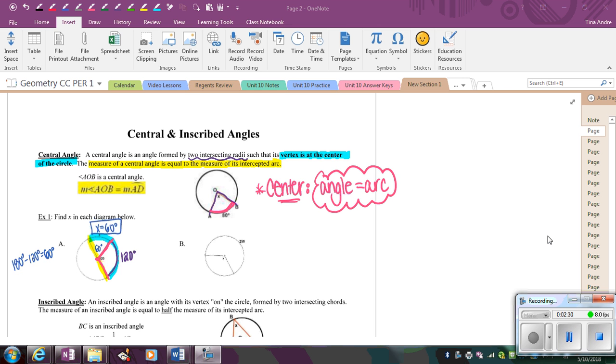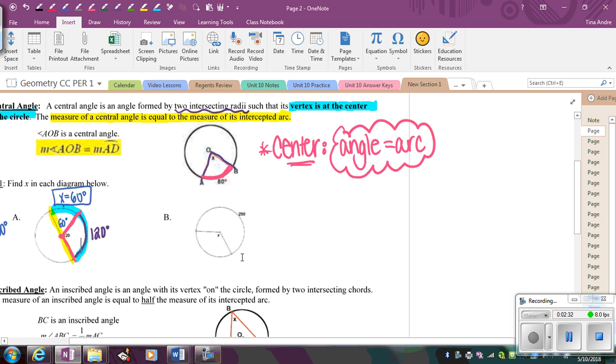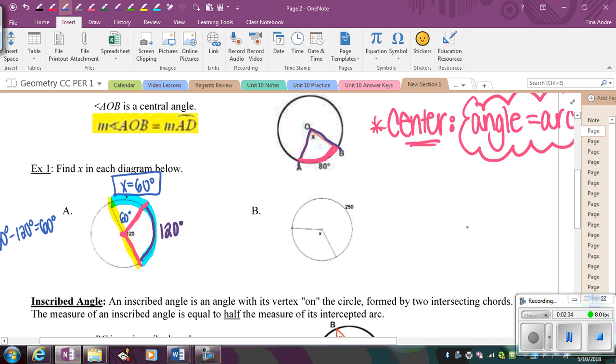In the next example, I'm just going to zoom this in so we can see what we're looking at. We have our angle x, which is a central angle. If we highlight that angle to see where the intercepted arc is, it's cutting into this arc right here. That's the arc that this angle is equal to.